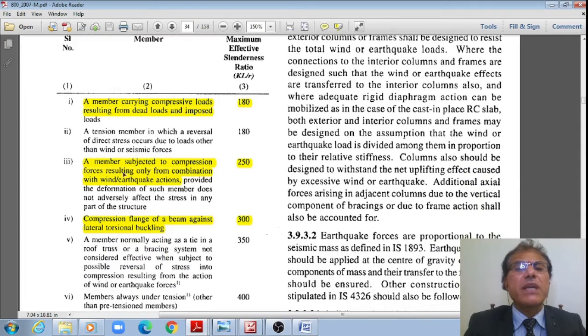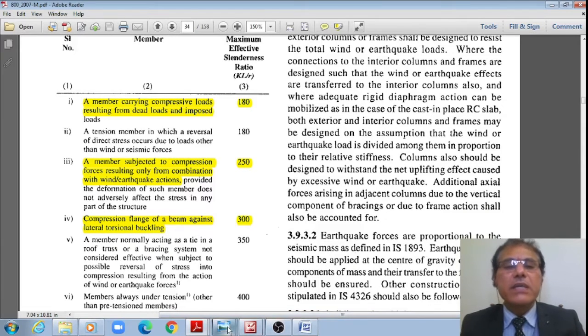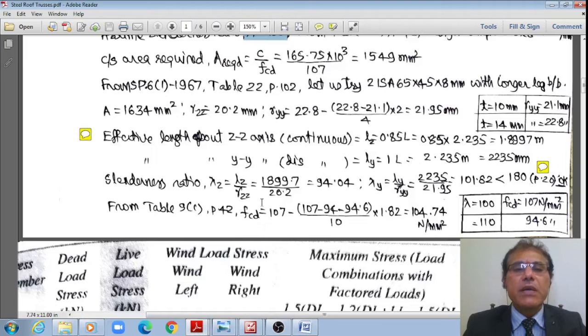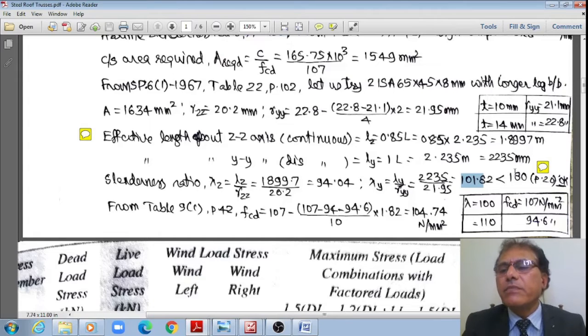If the resulting forces are a combination of wind and live load, then it is 250. Here we already considered even wind and live load, therefore the slenderness ratio should be less than 250 as per this Table 3. Therefore this 101 is much less than 250.